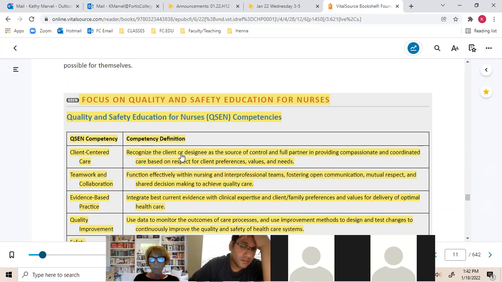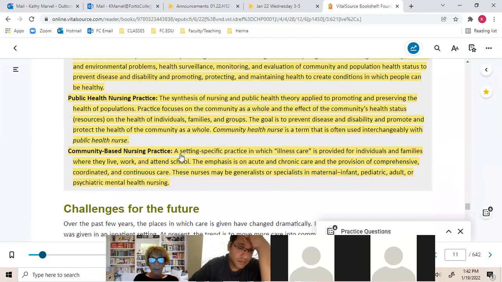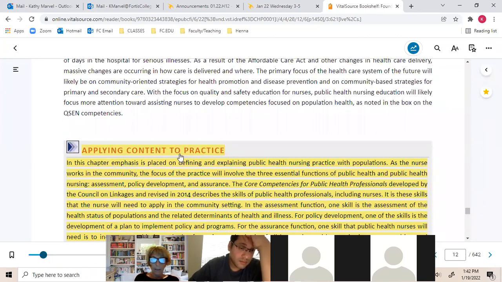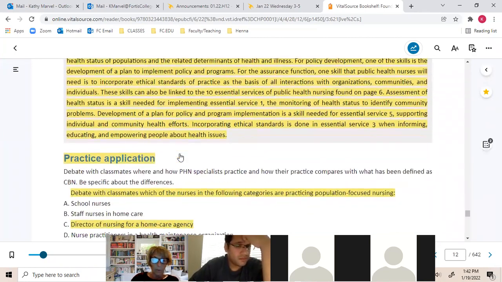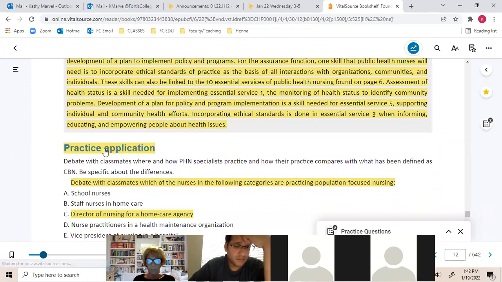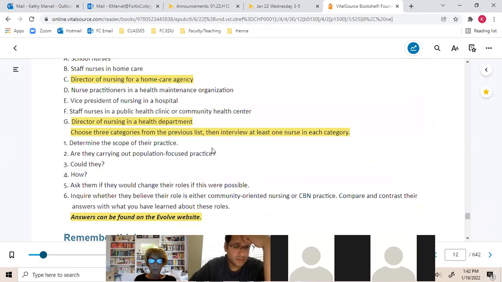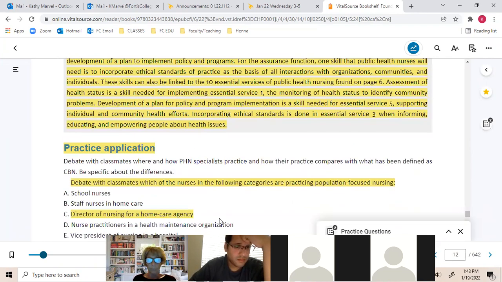Not mandatory, but I've highlighted it, so you should know it. And then here's your practice application. It's usually at the bottom of the chapters. Answers can be found on the Evolve website. I've already given you the answers.